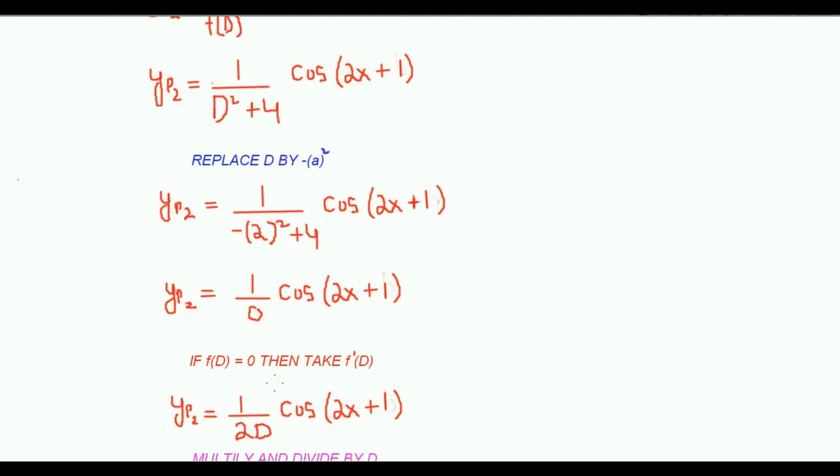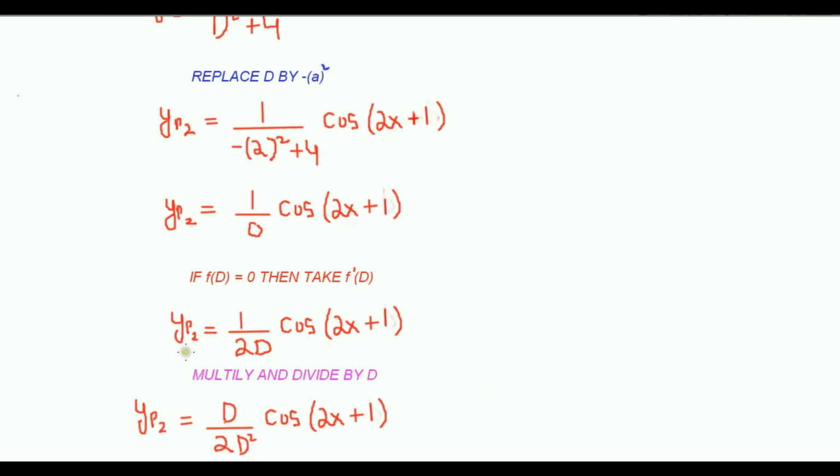So I have to take the first derivative of function d. The first derivative of my function d will become 2d. So the particular integral equation will become yp2 is equal to 1 upon 2d cos 2x plus 1.